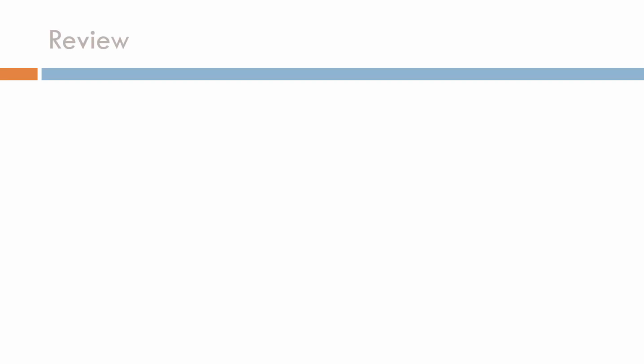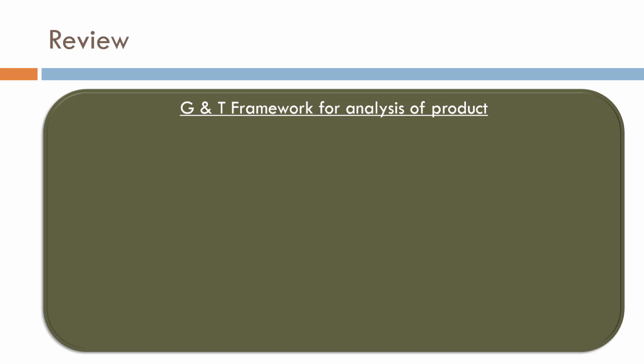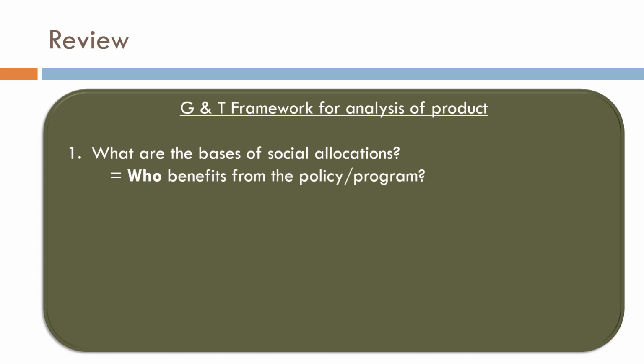Okay, so just by review one last time, we have gone over the Gilbert and Terrell framework in these videos, which involves analysis of product. The first question involved in the framework was about the basis of social allocations in terms of who is benefiting from the policy or program.